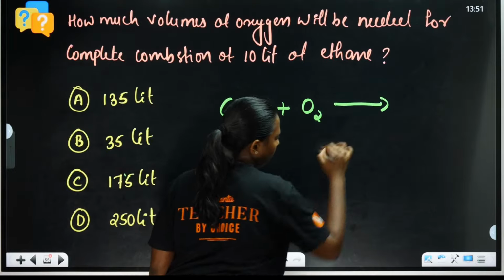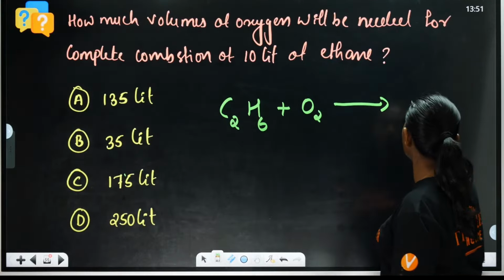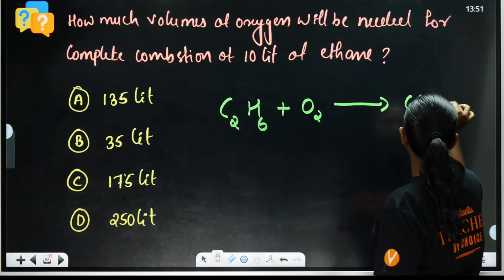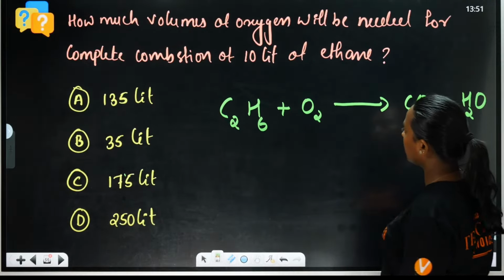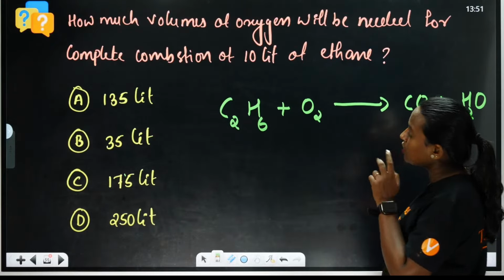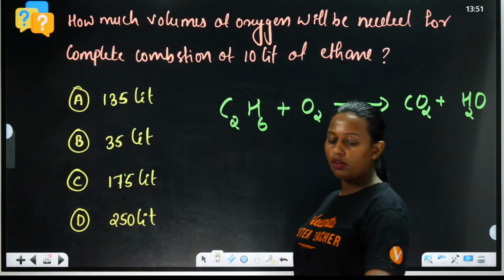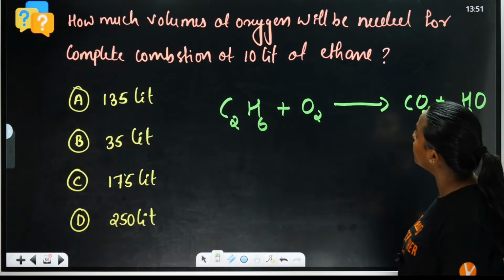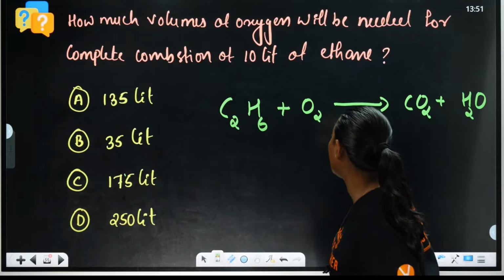We know that we get carbon dioxide and water. So I am writing CO2 and water. Okay, so how many volume of 10 liter? First we can balance this equation.